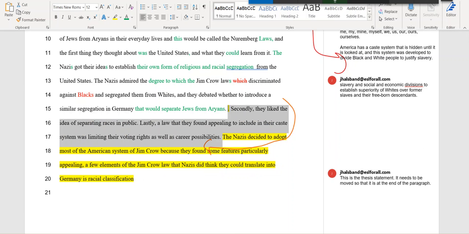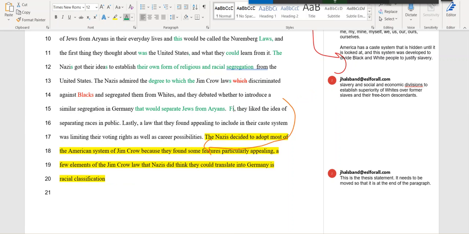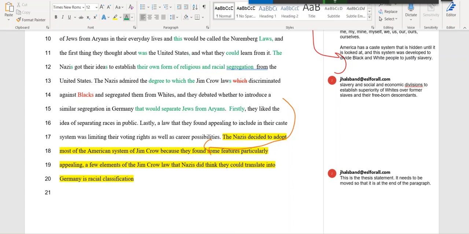The first thing we want to do is change this to firstly. Firstly, they liked the idea of separating races in public.